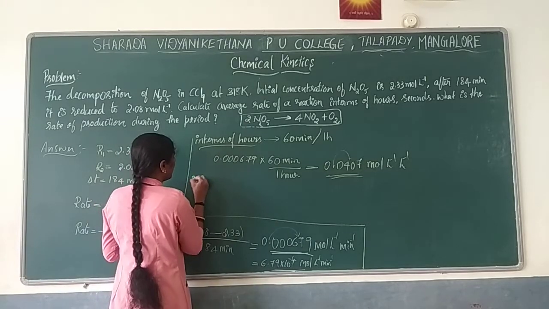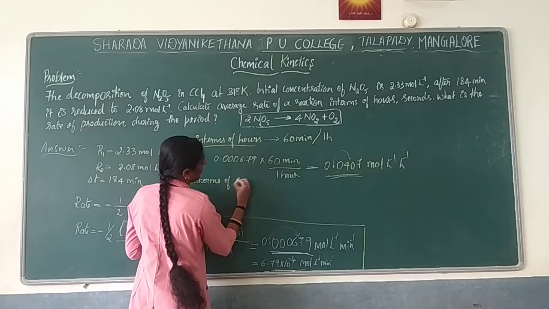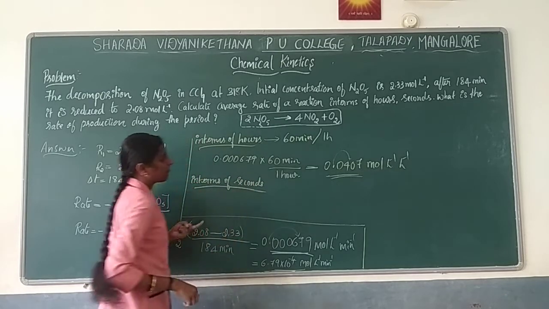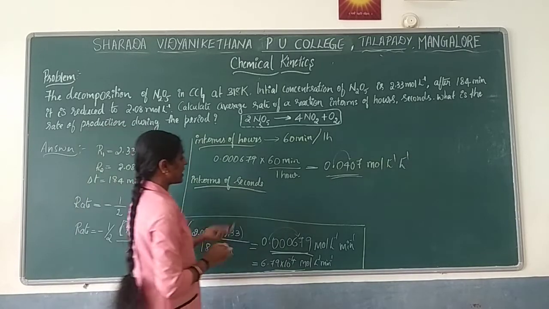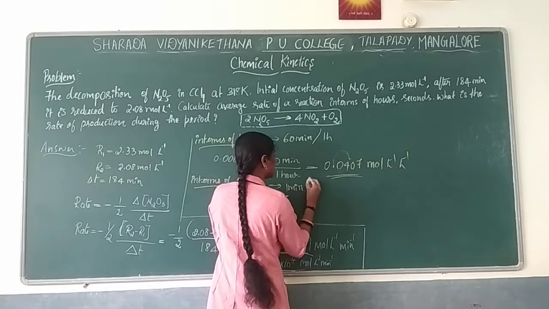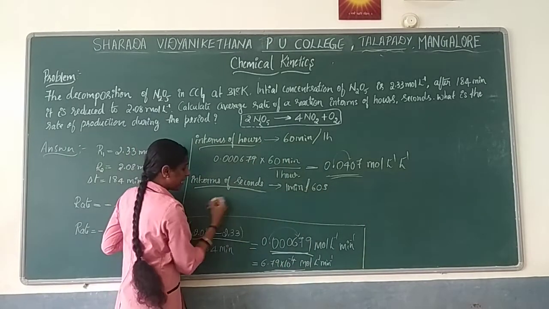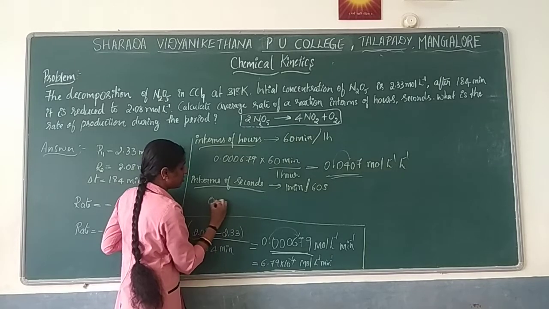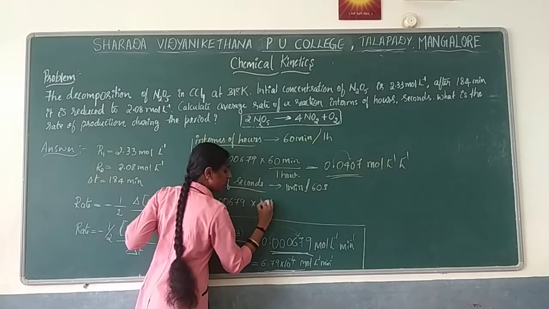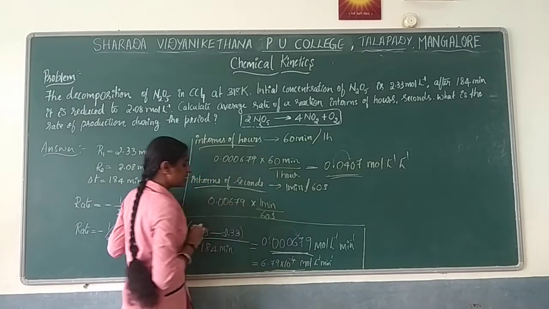Next, you are supposed to calculate in terms of seconds. So when you are calculating in terms of seconds, 1 minute is nothing but 60 seconds, right? So direct multiplication again with the average rate of reaction, 0.00679 into 1 minute divided by 60 seconds.